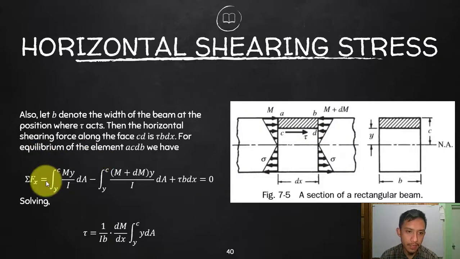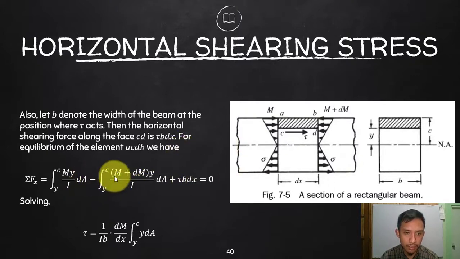Look at this: let's say going to the right is positive. The force in your AC due to M is going to the right, and the force due to the shear is going to the right, so they are positive, and that due to M plus dM is negative. To make it equilibrium, equate that to 0.